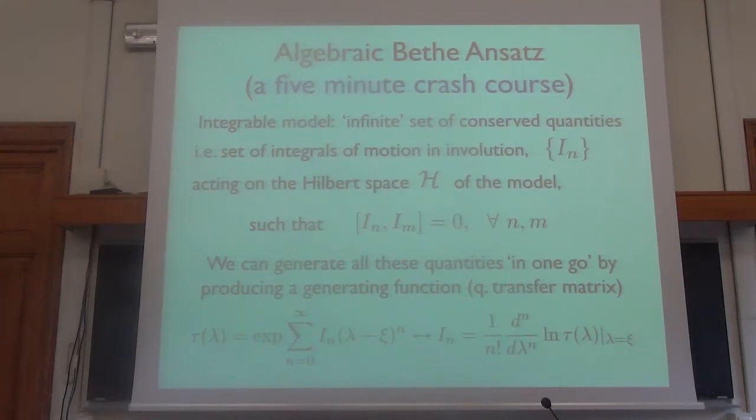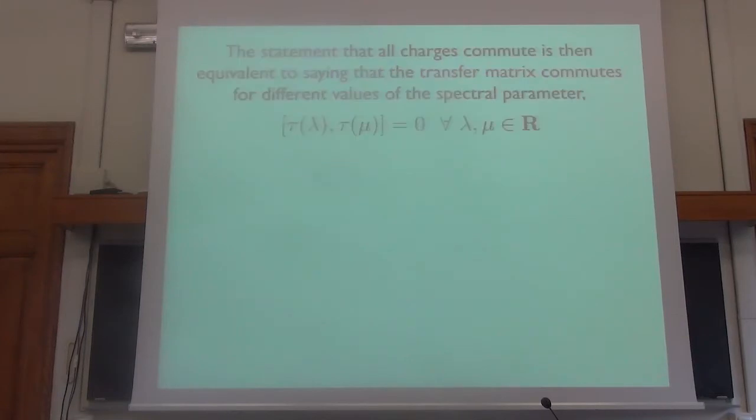So let me define a function, which is a transfer matrix, just terminology, that is essentially a power series in this auxiliary parameter lambda, whose coefficients in that series are the conserved charges. And then the statement that all these charges commute with each other becomes equivalent to the statement that the transfer matrix at different values of these rapidities commutes. Okay?